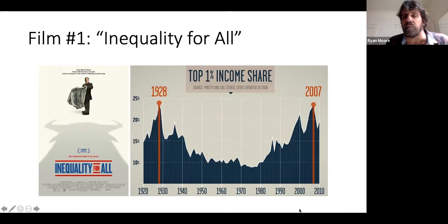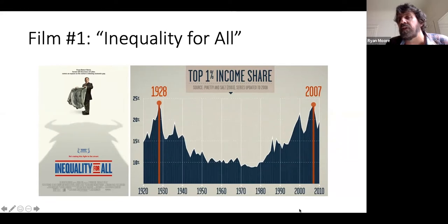So Robert Reich will talk about this graph as almost looking like a suspension bridge. And he will be pointing our attention to the dangers of 1928 and 2007, but also asking about this period between the 40s and the 70s where you see a real dip in the 1% income share.